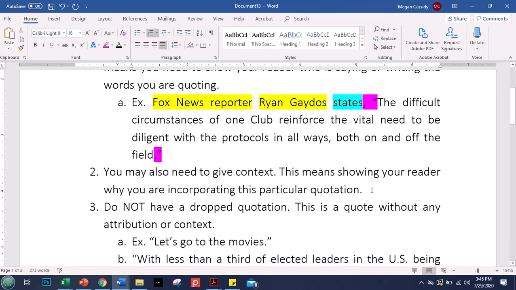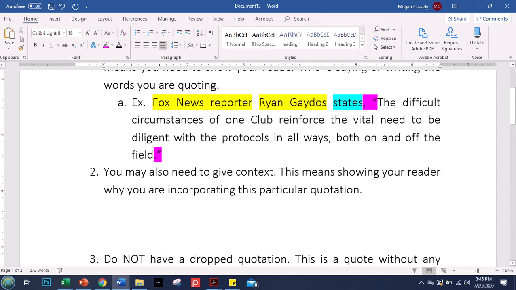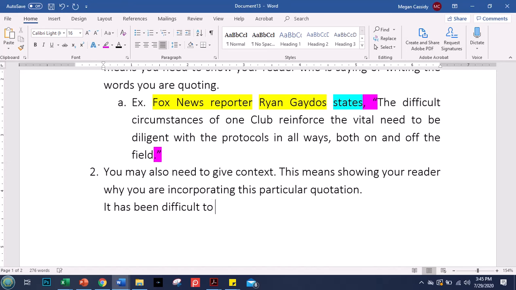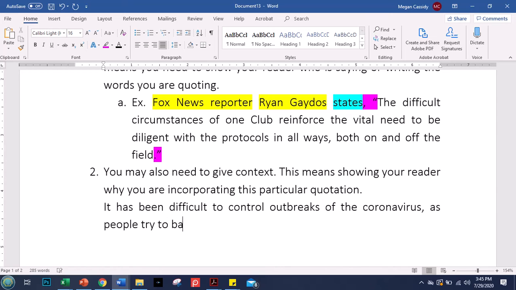You may also need to give the context. So why are we incorporating this quotation? Let me give an example using the same thing I just used above. I'm going to copy that, and I'm going to add a sentence for context. Why are we talking about this? It has been difficult to control outbreaks of the coronavirus as people try to balance personal freedom with public safety.